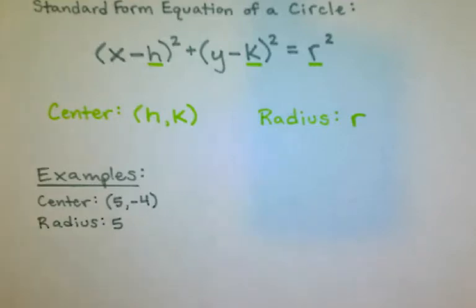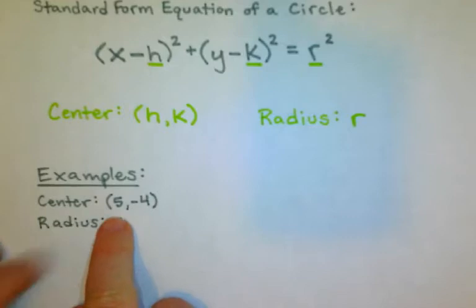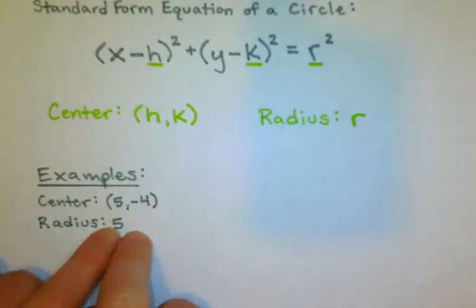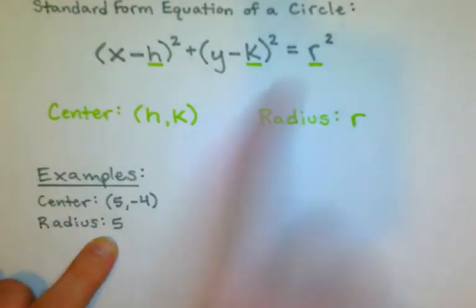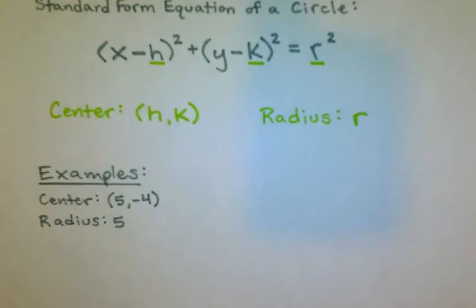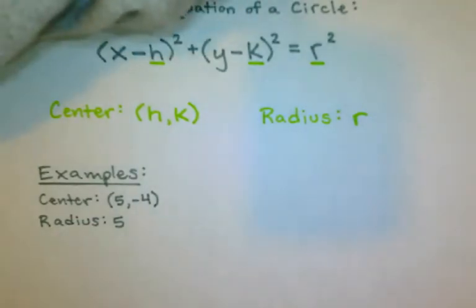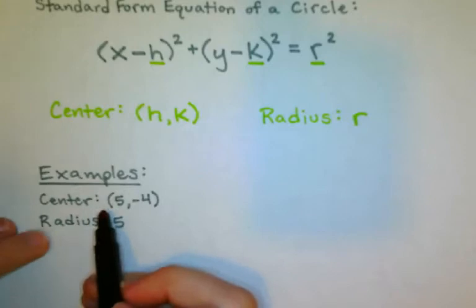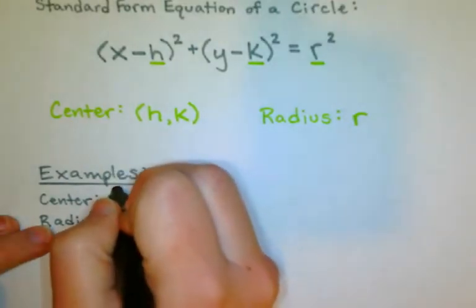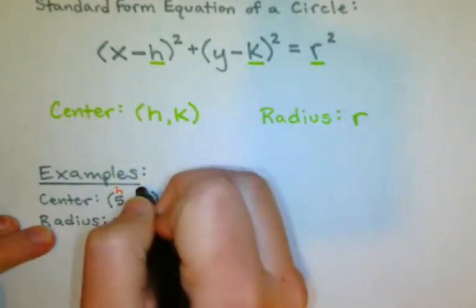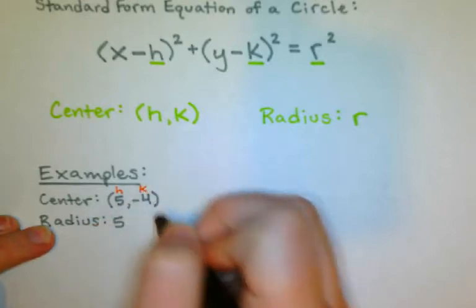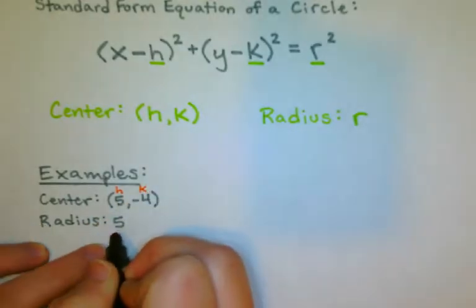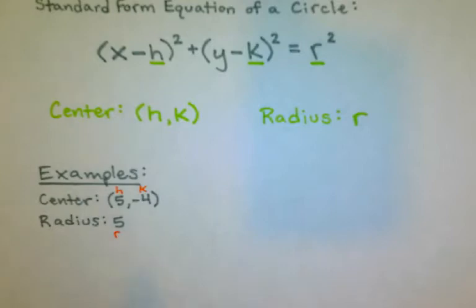This has a center at 5, -4, and a radius of 5. So what we're going to do is take these values and plug them into our standard form equation. Remember our center is h, k, so this 5 is our h, this -4 is our k, and then this 5 right here is our radius, the r.